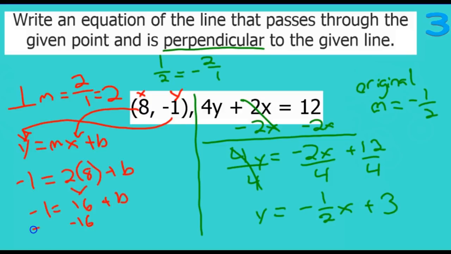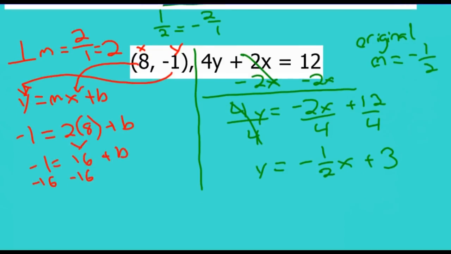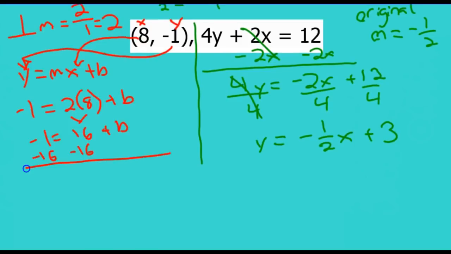Subtract 16. I'll get -17 equals b. So our new equation then is y equals 2x minus 17.